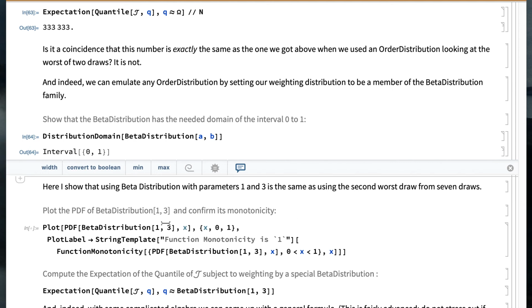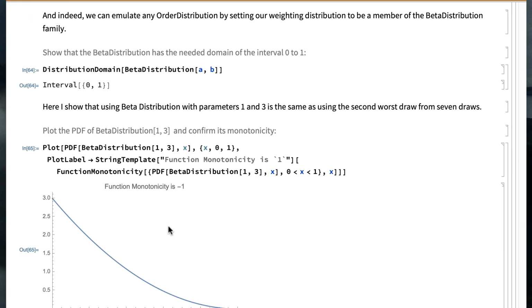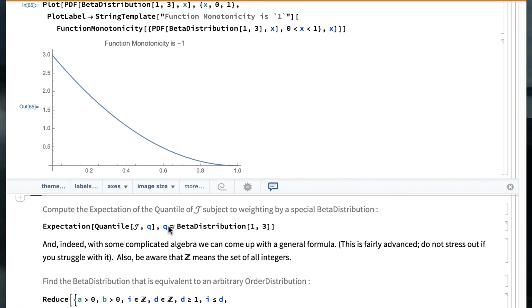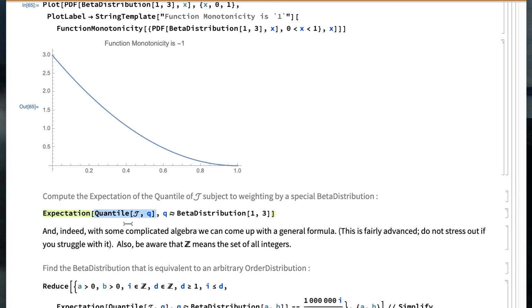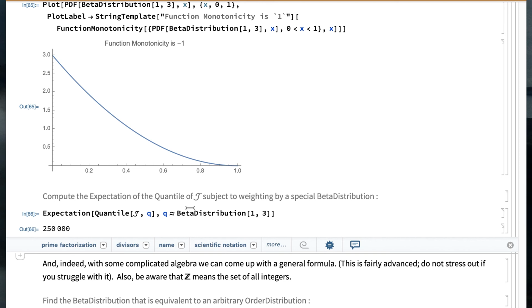Okay? So we could just take an example of this. Here's the PDF of the beta distribution, first parameter 1, second parameter 3. We compute its monotonicity, and you can see that it's going downhill. And in fact, we could compute the expectation of the quantile function of J, our judgment distribution, with respect to this beta distribution, and it's $250,000.